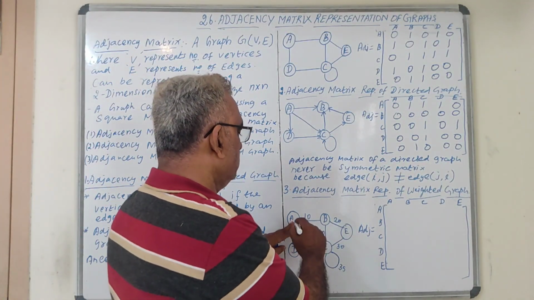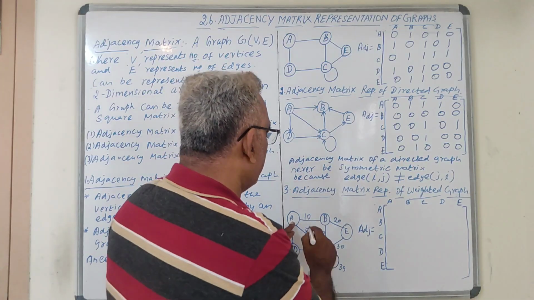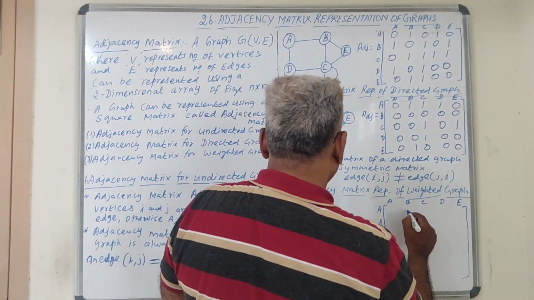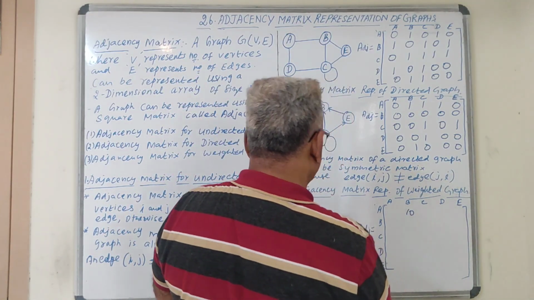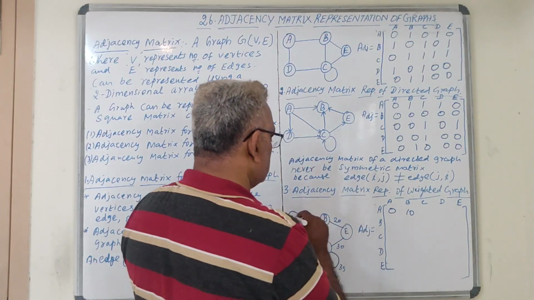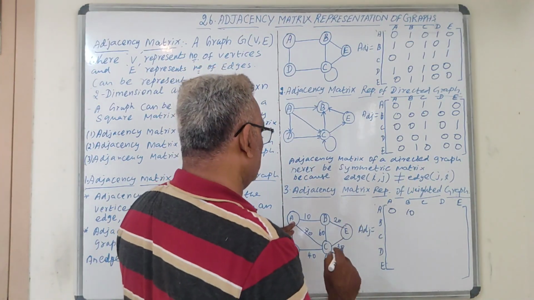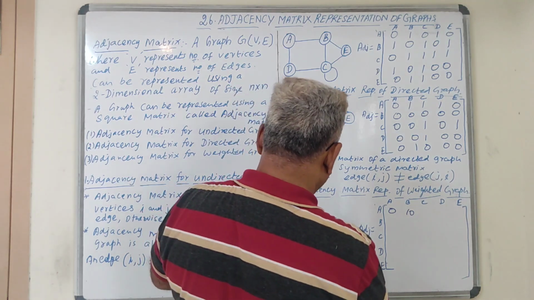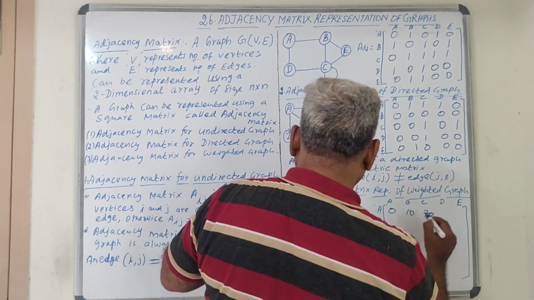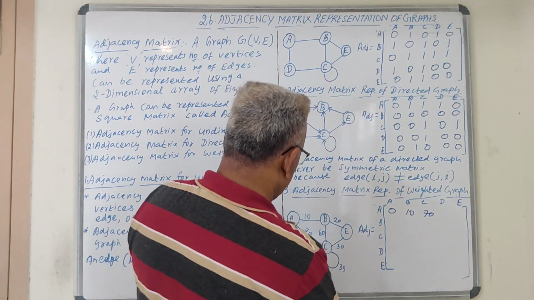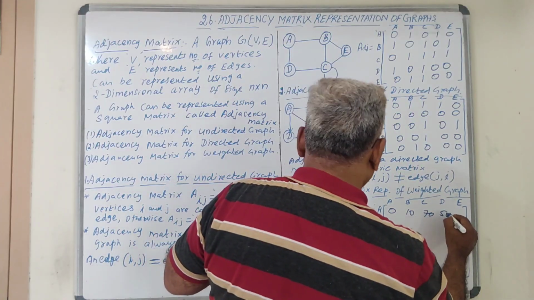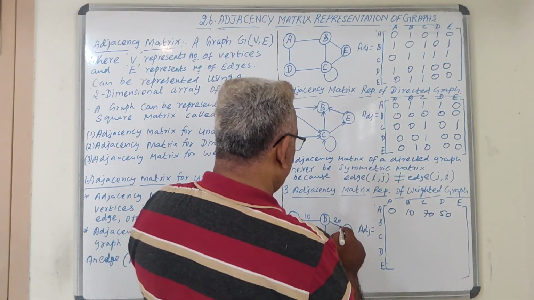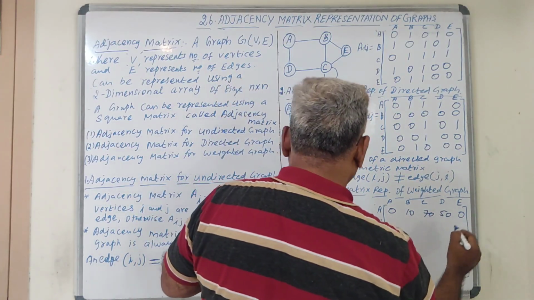Now see that A to B we have a value of 10. A to A there is no value, there is no self loop, so it is 0. Then A to C we have a value of 70, and A to D it is 50. There is no connection from A to E, so that is 0.